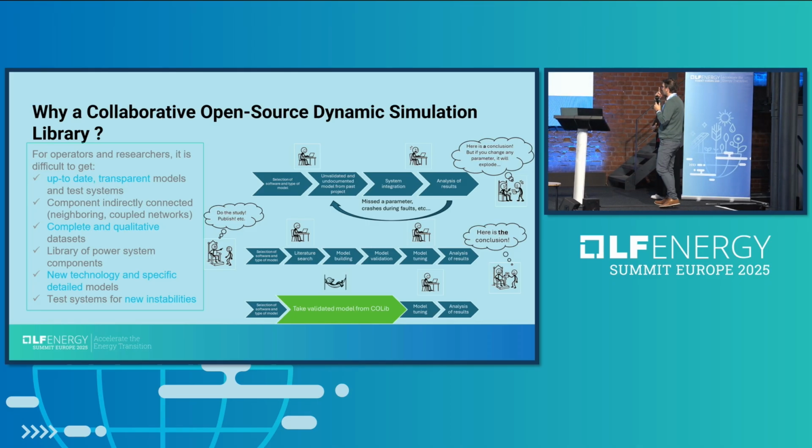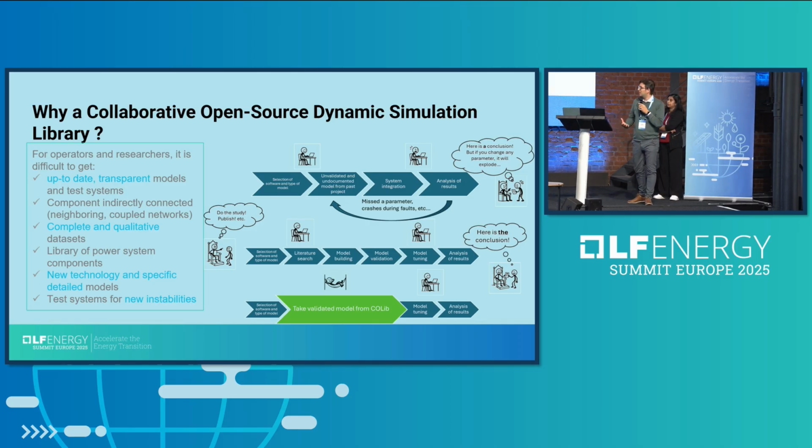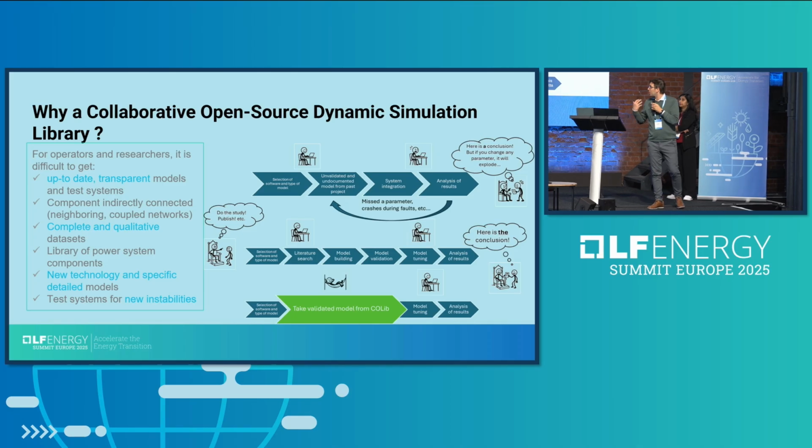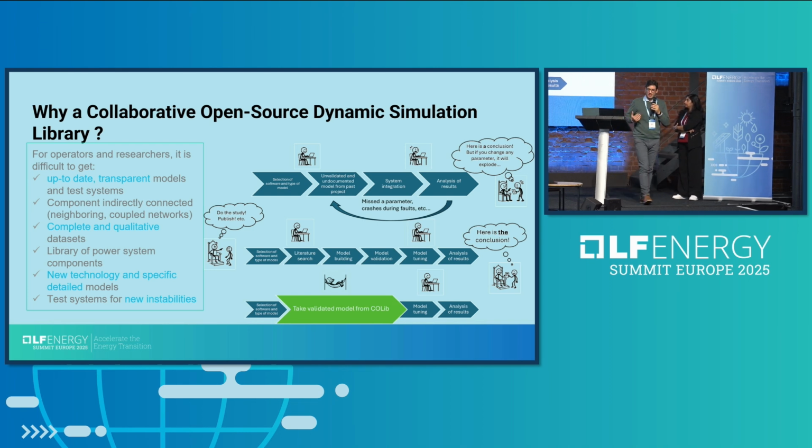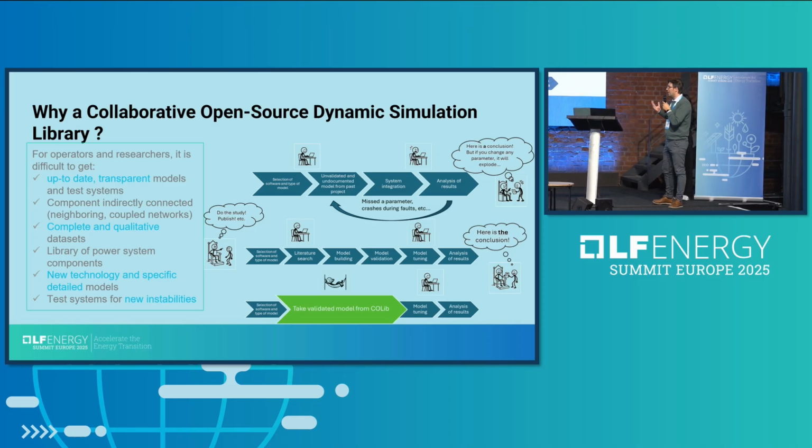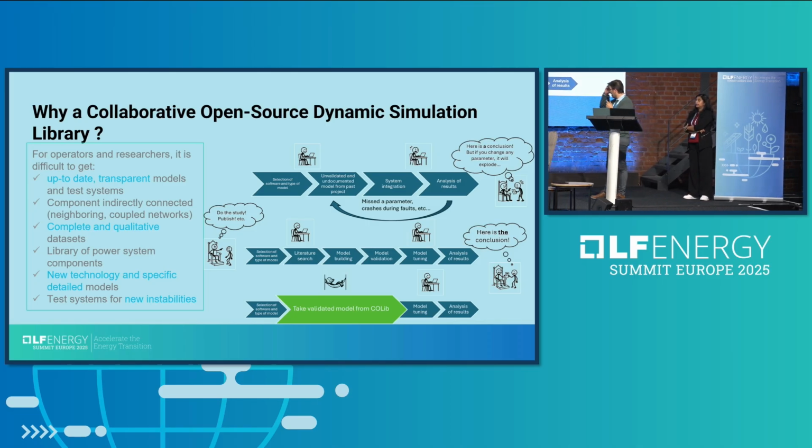So we saw that we would like to have more up-to-date models for these new components. We wanted to have more data sets, an up-to-date library of these components that follows the technology faster. Standards take a lot of time to be updated, but a library can be a bit more flexible and accommodate also the latest results of research.